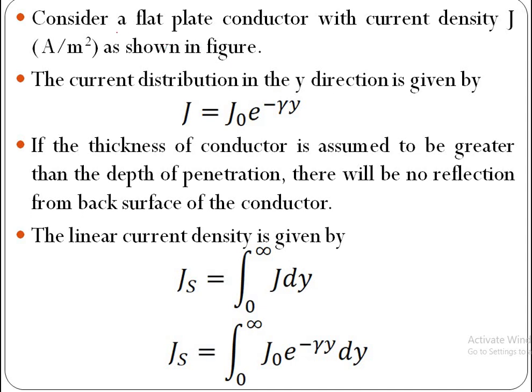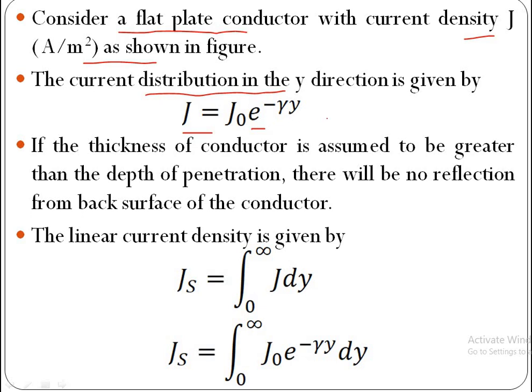Consider a flat conductor with current density J, units ampere per meter square, as shown in the figure. The current distribution in the y direction is given by J is equal to J naught into e power minus gamma y.